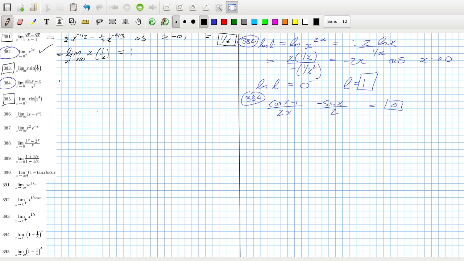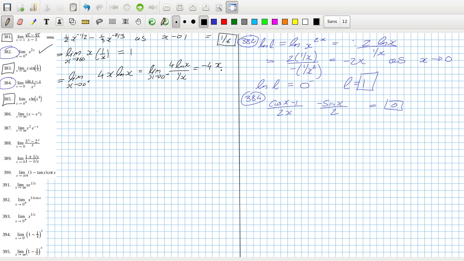385. That will equal the limit as x goes to 0 of 4x log x, which will be the limit as x goes to 0 of 4 log x over 1 over x. So L'Hopital again, this is going to be 1 over x, and this becomes minus 1 over x squared.